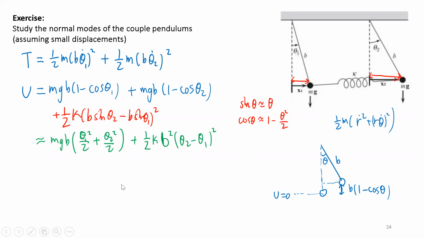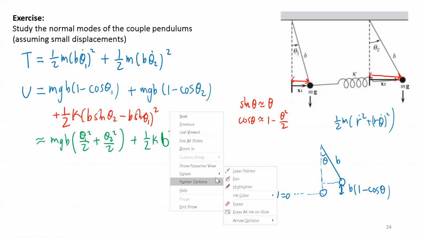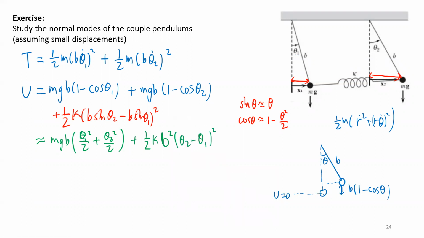Of course, the next step is to use the Lagrange equation for theta 1 and theta 2. Then you get two equations of motion. Just apply the Lagrange equation.